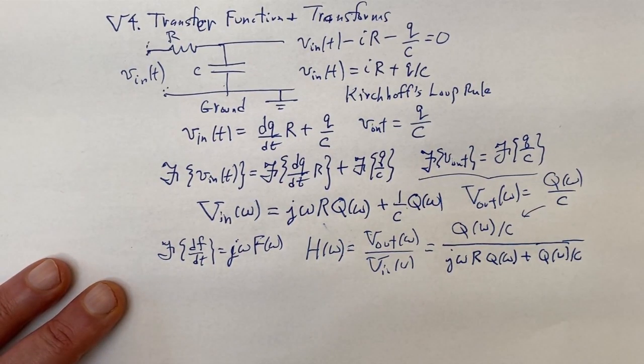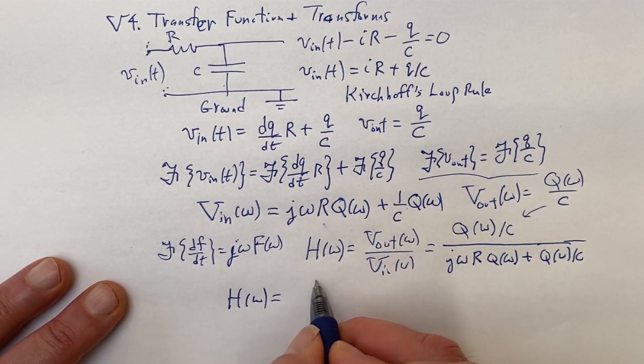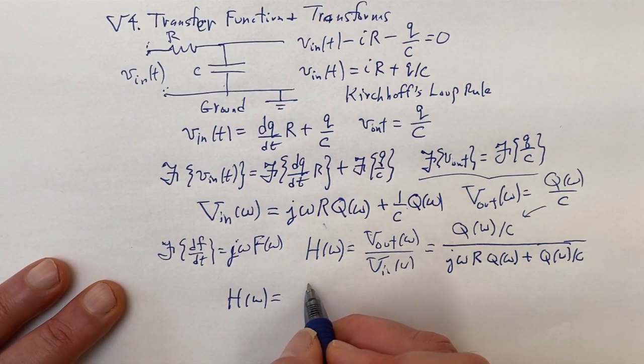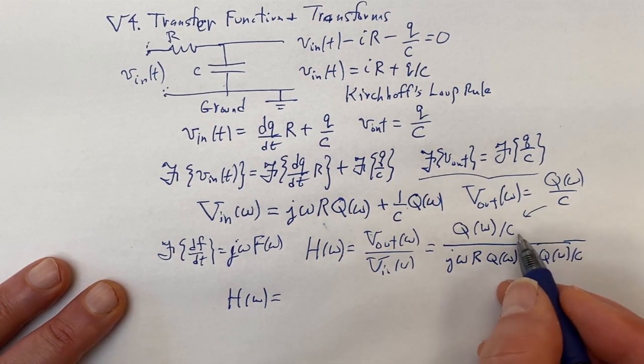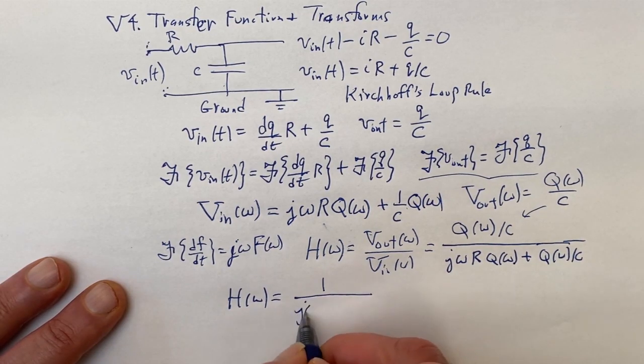Wow. All the Fourier transforms, like, gone. All right. And H of omega is then equal to, with all this gone, you can put a 1 here and put that C downstairs: 1 over j omega RC plus 1.